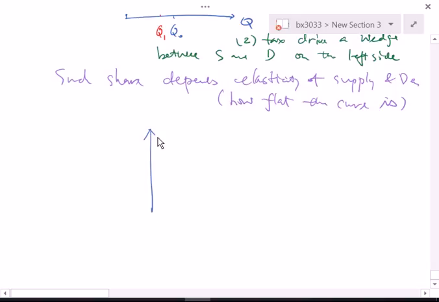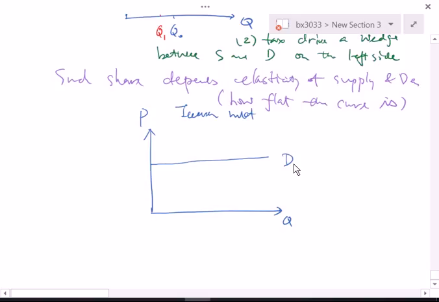So now, again in the ice cream market, suppose these ice creams are very elastic or perfectly elastic, which means the demand curve is horizontal.